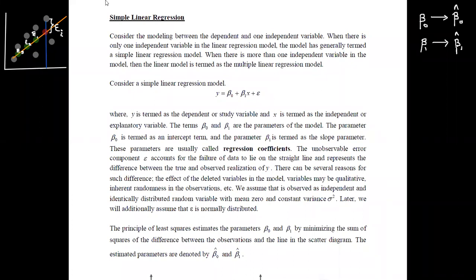If you are dealing with simple linear regression, to estimate beta naught and beta 1, we can use the method of minimizing these errors.